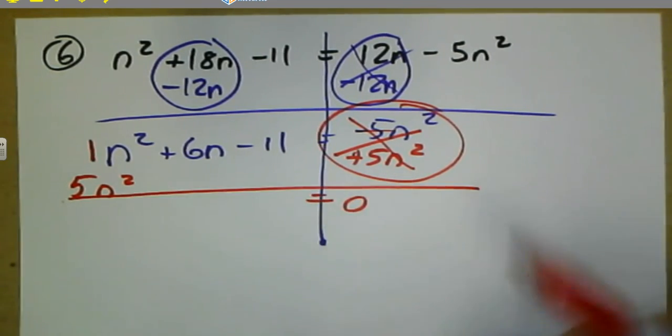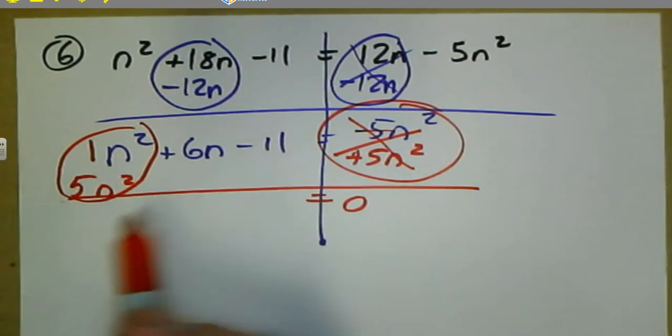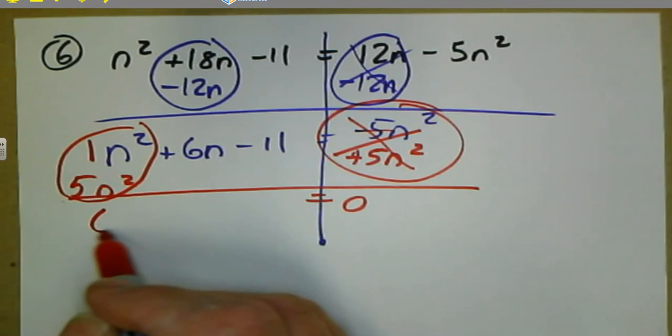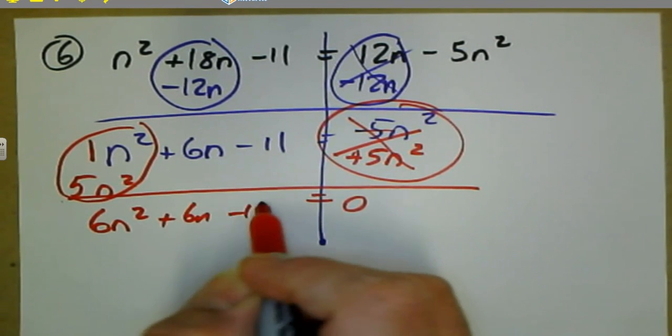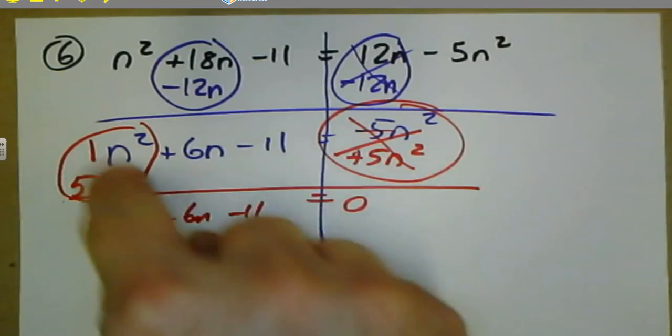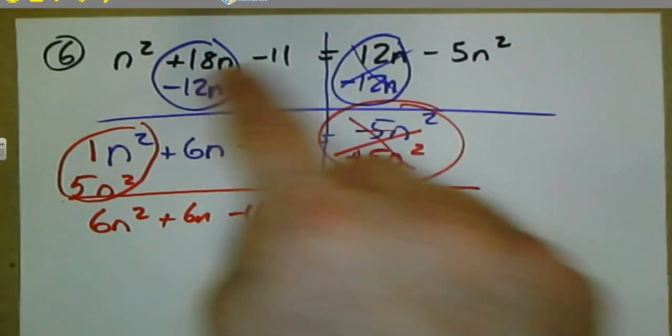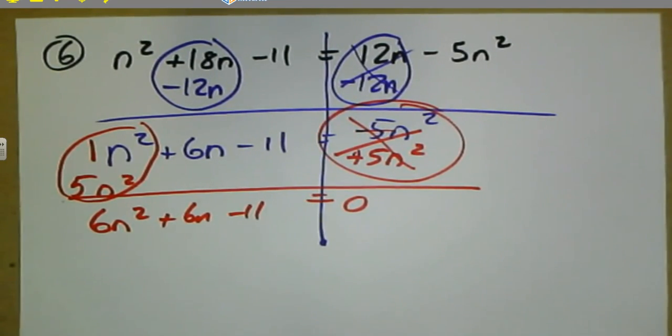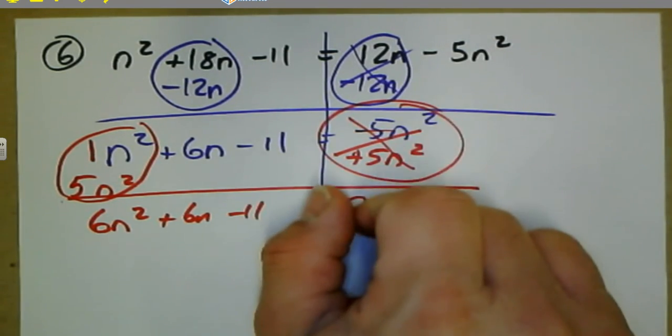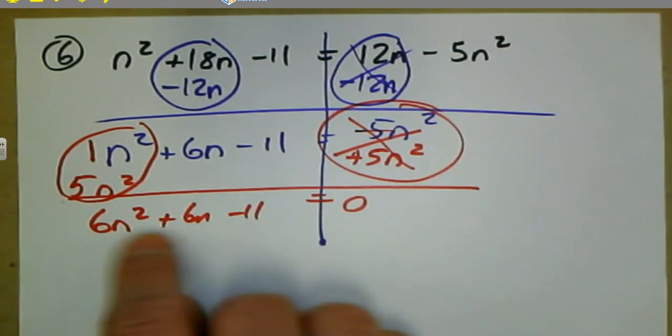We have a 0. If I add 1 and 5, I get 6n squared plus 6n minus 11. Here, we're looking at like terms. Could I have done that differently? I could have done them all together, but I think you're going to get confused doing that.